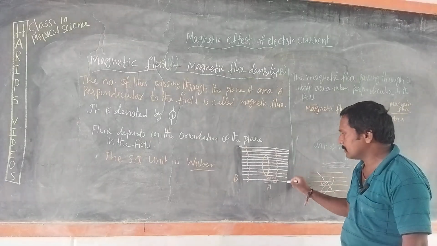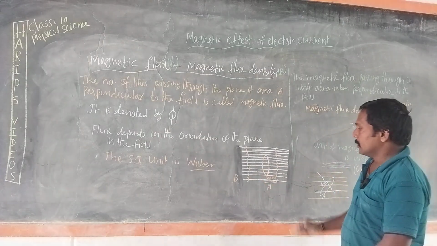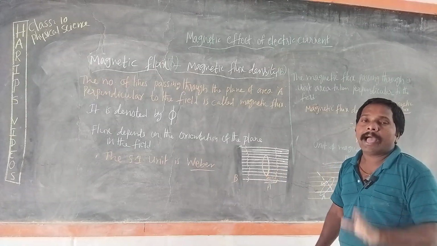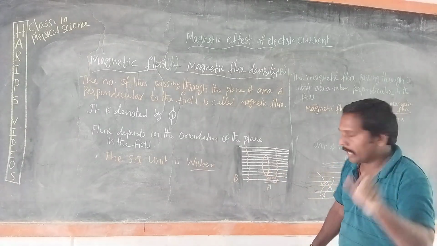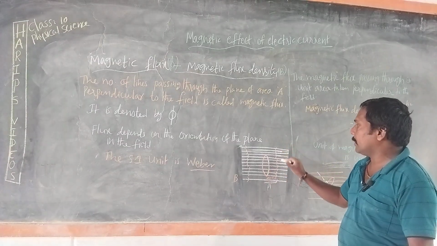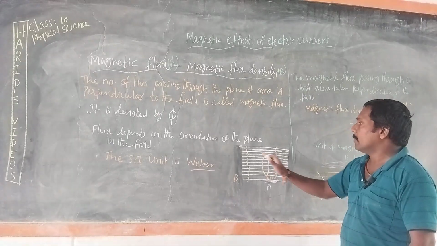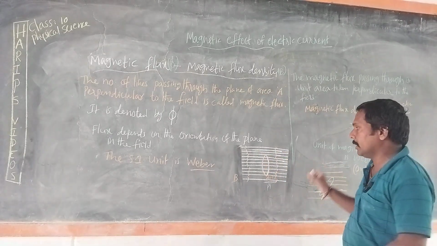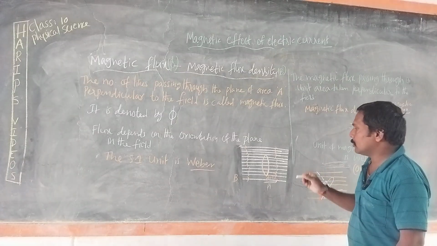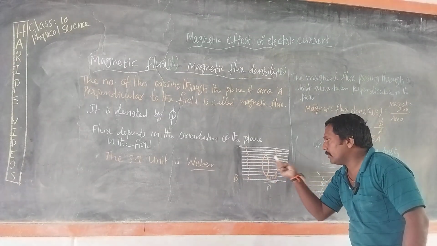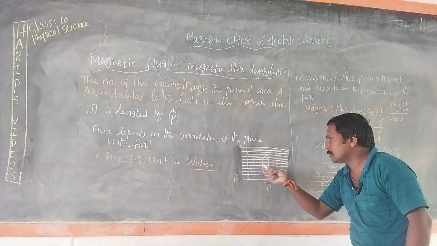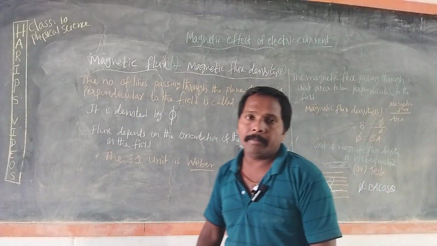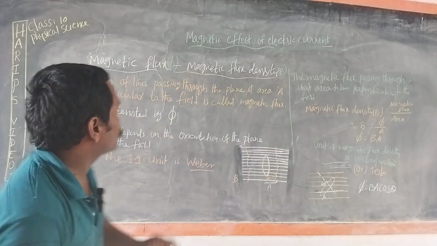So the imaginary plane has area A, which is perpendicular to the magnetic field. Here, observe that some magnetic field lines are passing through the imaginary area A.